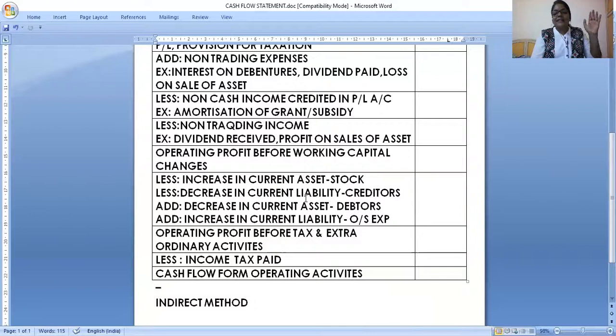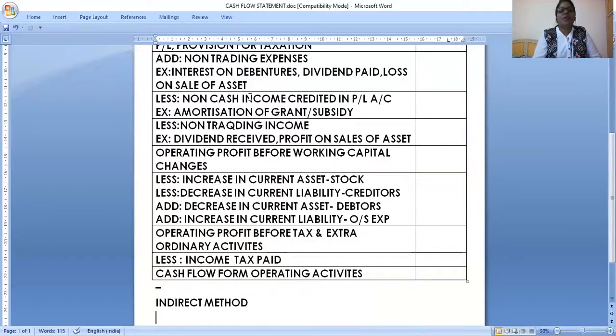Same way, decrease in current liability. Creditors were 10, now they are 8. 2 rupees you have paid. So when current liabilities are decreasing, less cash is going out. Increase in current liability, creditors or outstanding expenses are increasing, you are getting more time to pay, so cash is increasing. This needs a lot of practice and some more problems, so separately I'll make one more video.